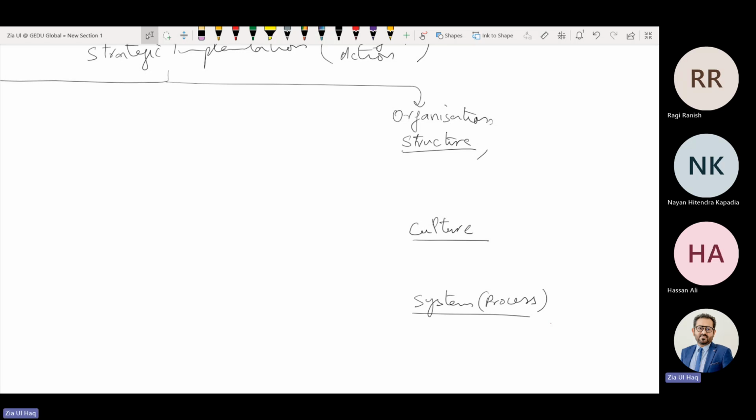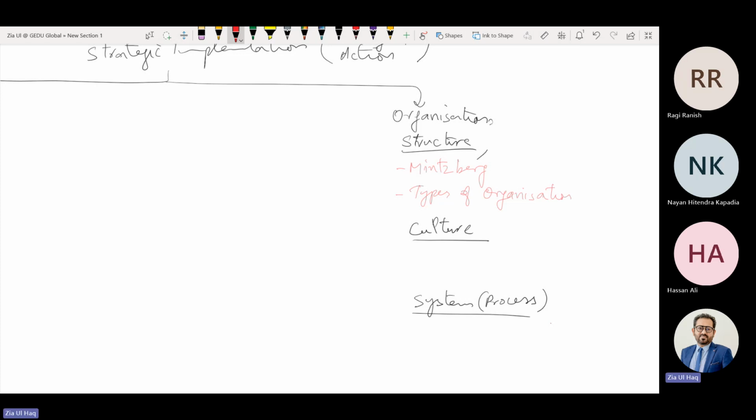So for structure, we can get knowledge through Mintzberg building block model. According to Mintzberg building block model, there are 5 elements of organization structure. Before making changes in structure, you must be aware about the elements where you want the change. Structure wise, there are different types of organization. Organization could be simple structure, entrepreneurial organization.